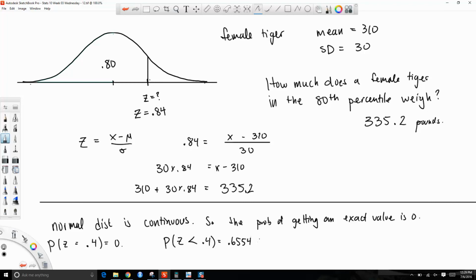This is also equivalent to the probability that z is less than or equal to 0.4, which is also 0.6554. Whether it says less than or equal to, for the normal distribution, because it's continuous, it's exactly the same. So that's just a note.